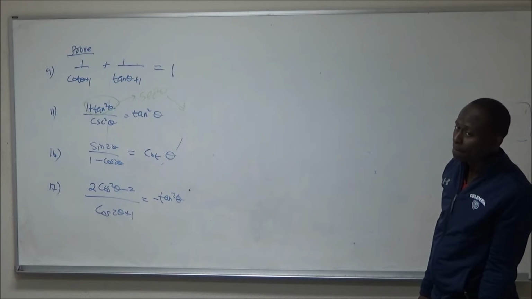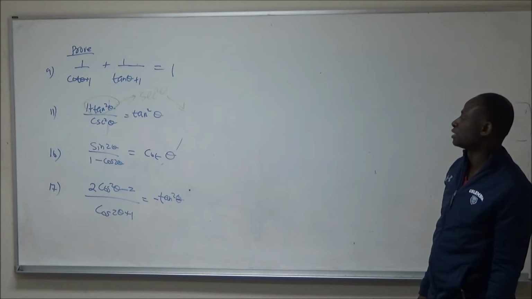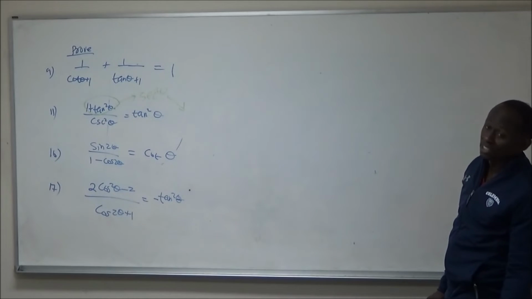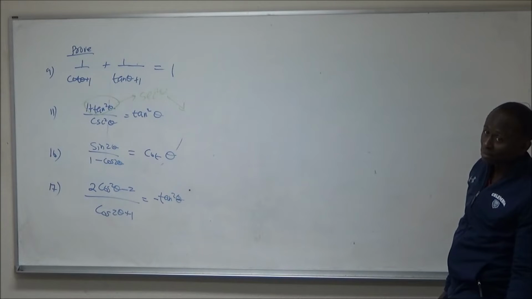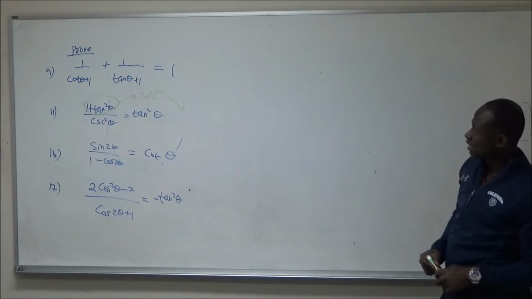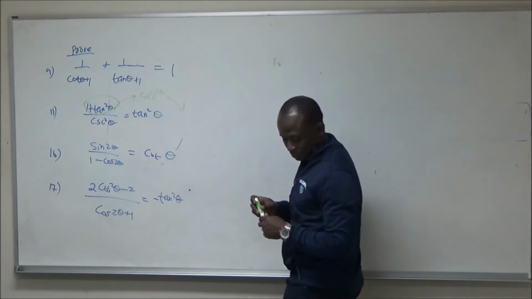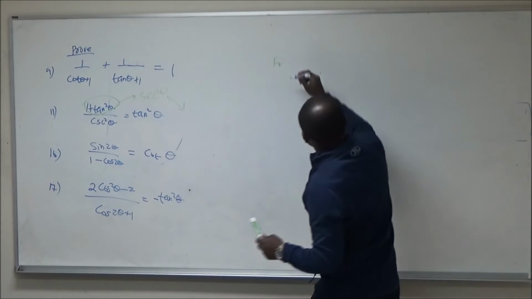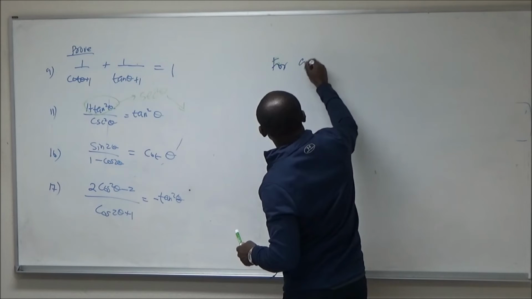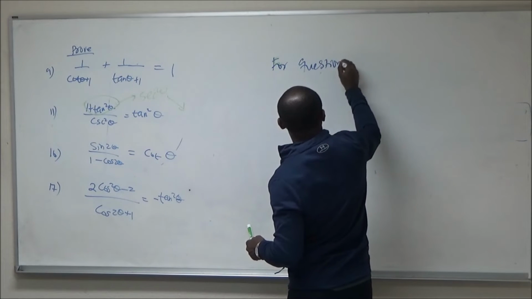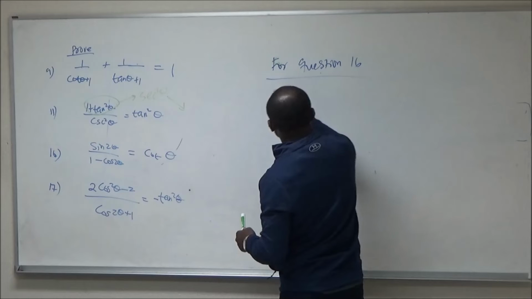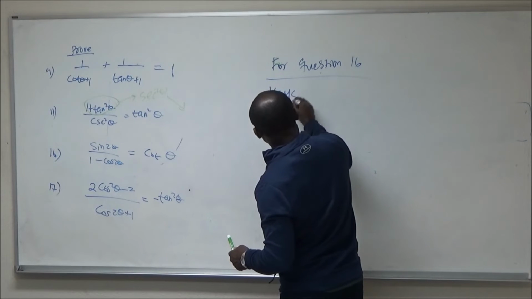Change the top to 2 sine theta, cosine theta. So you change the top to 2 sine theta, cosine theta, and you want to change the bottom as well, right? So the secret is to remember, for question 16, the keys, right?